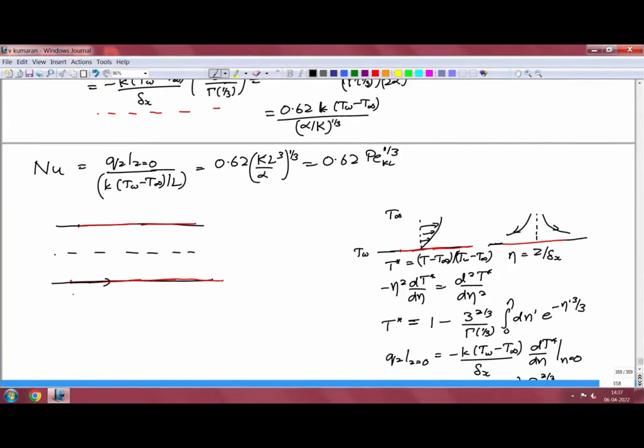So, this is the x coordinate, and this is the radial coordinate. At the wall of the pipe, this is the x coordinate starting at the start of the heated section.